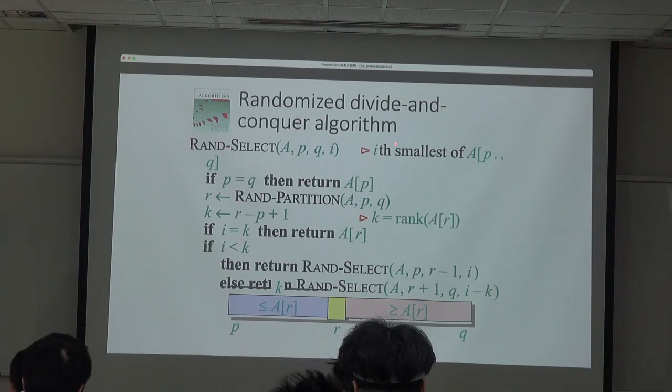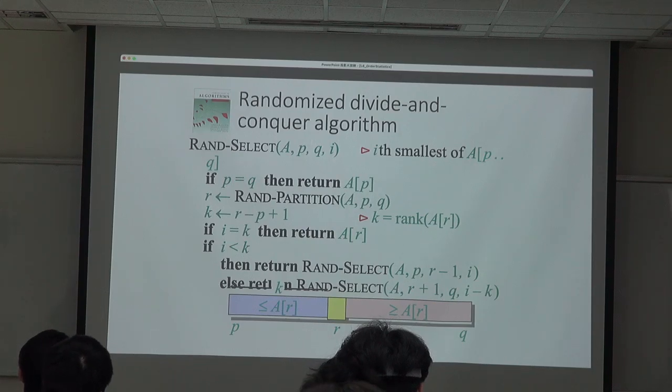So here we want to find the ith smallest from A[P] to A[Q], in this range. Obviously, if P equals Q, that means we only have one number. Then return A[P], because if you have only one number, it is the smallest, it is the biggest, it is whatever rank you consider. So you just return A[P].